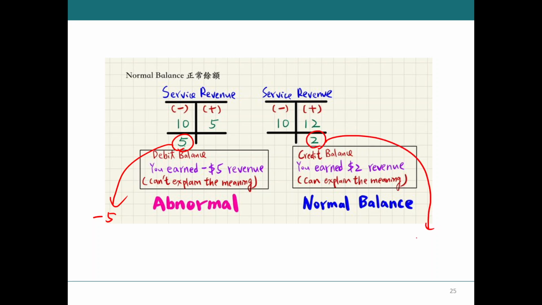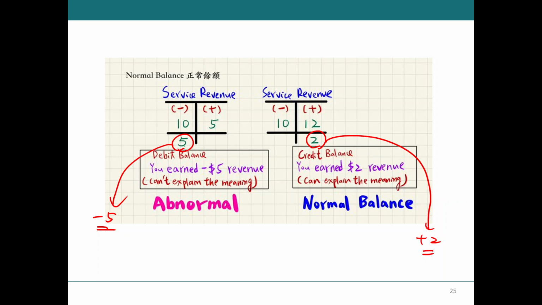Here, cash 2, plus 2. Could you explain the meaning? $2, what does it mean? After the whole year, I ask you how much money you earned. You say, "Oh, I'm too lazy. I didn't work for the whole year, so I haven't earned any revenue."